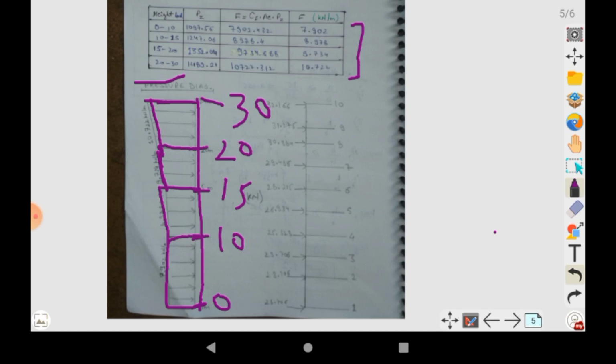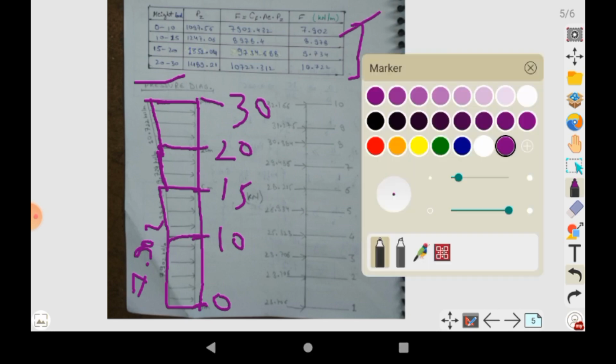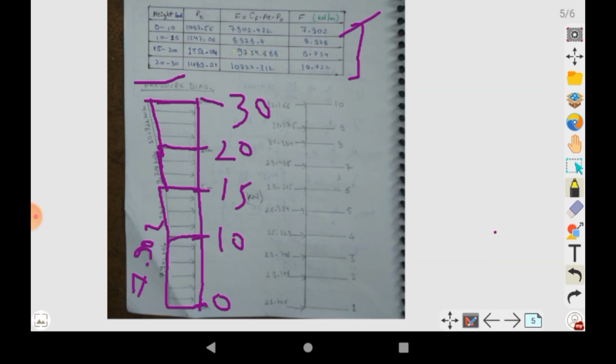Now, after joining all these lines, start putting the values, like from 0 to 10 meter height level, the value of f is 7.902. As you have already seen, for each particular level of height you can mark the different value, that is 8.978 for the 10 to 15 meter level.